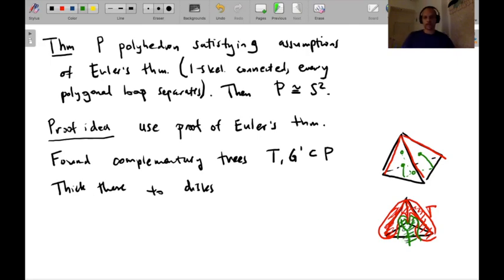So we're thickening them to disks until they meet.